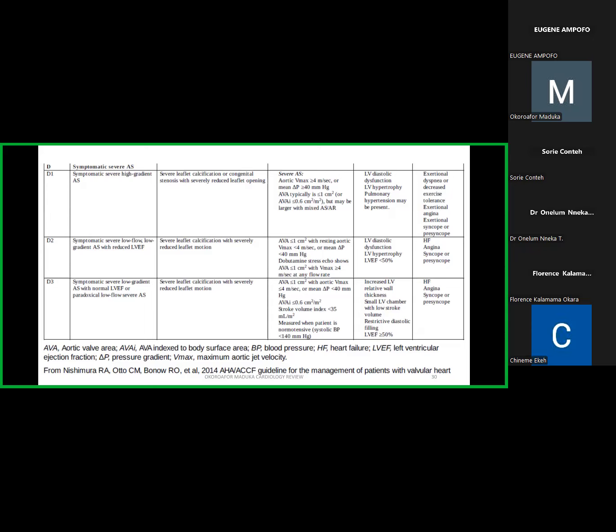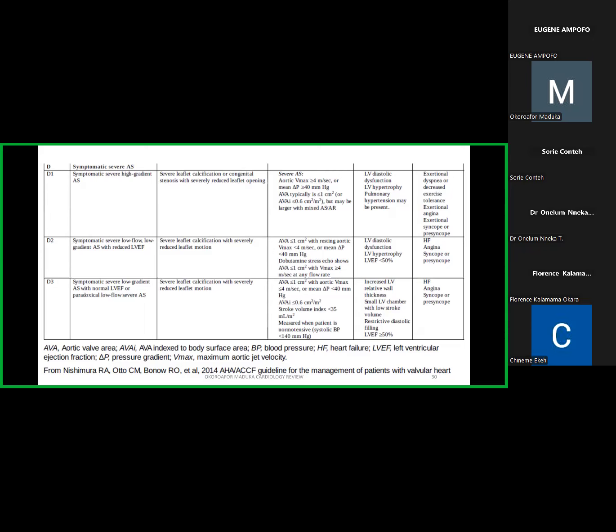And the same thing. However, they have low flow and low gradient. So what this means is that although the valve area is less than 1, which suggests severe aortic stenosis, it will not appear severe.